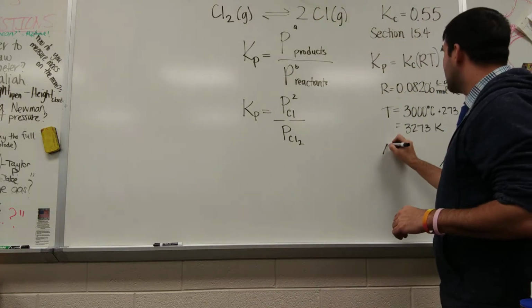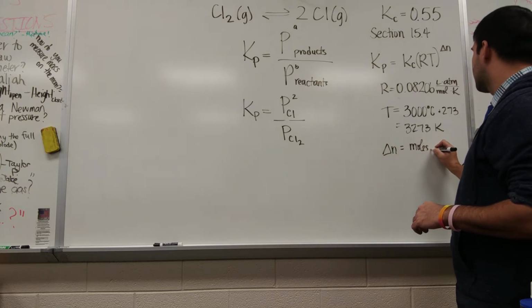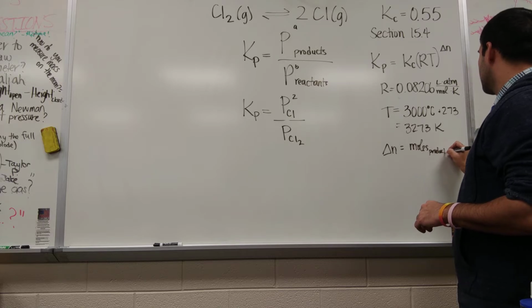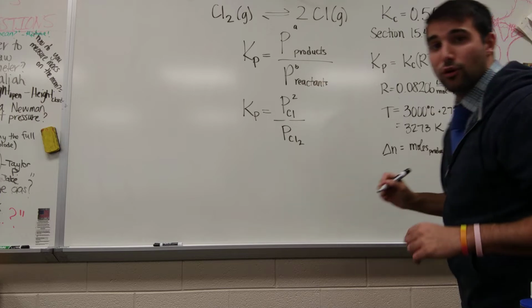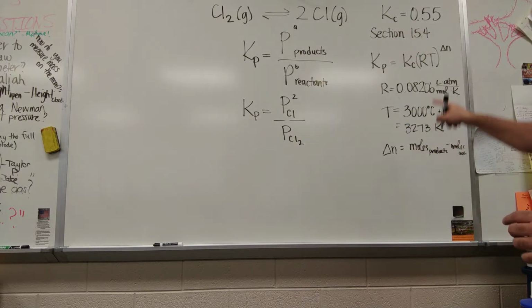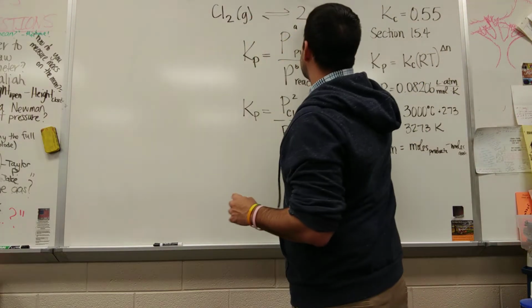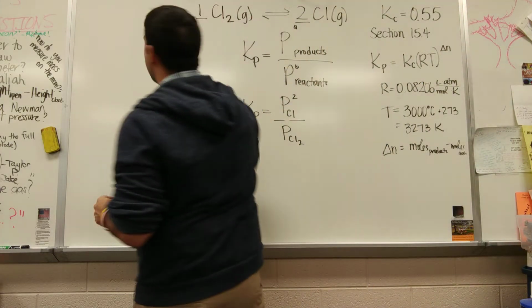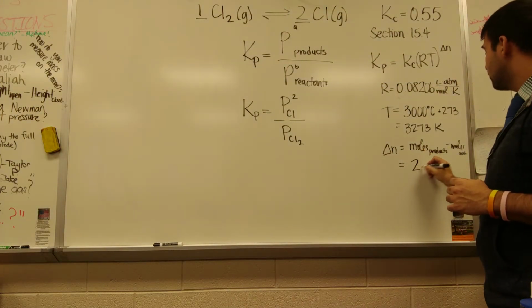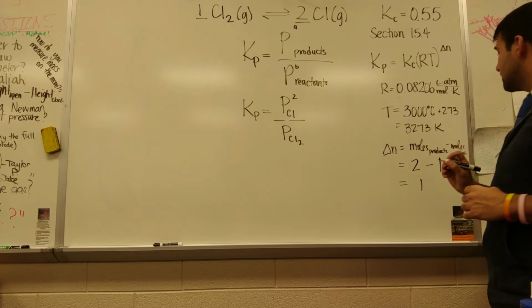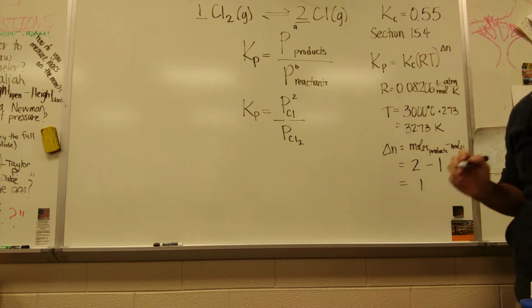Then my delta n is my moles of products minus my moles of reactants. I have 2 products and 1 reactant. We use the coefficients, basically. So my delta n is 2 minus 1, which equals 1.